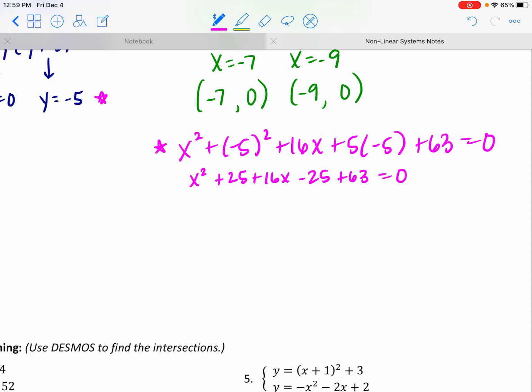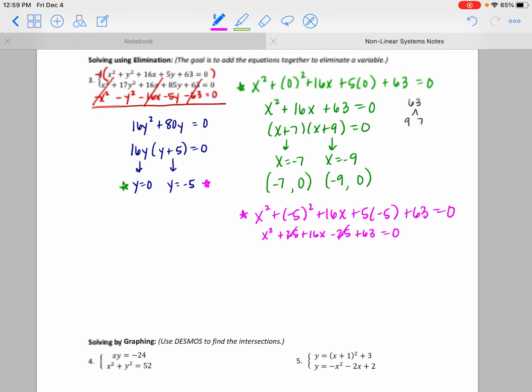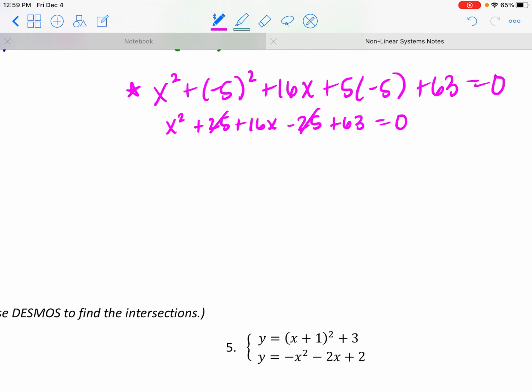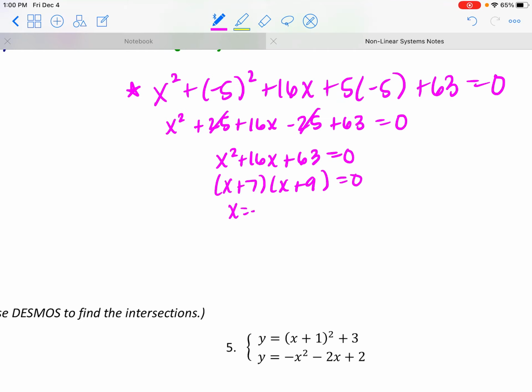So these guys are going to cancel, which means we're left with exactly the same thing we had in the last one, okay? So the same solutions, same equation, x squared plus 16x plus 63 equals 0. Same solutions, because it factors the same way. So x equals -7 and x equals -9.